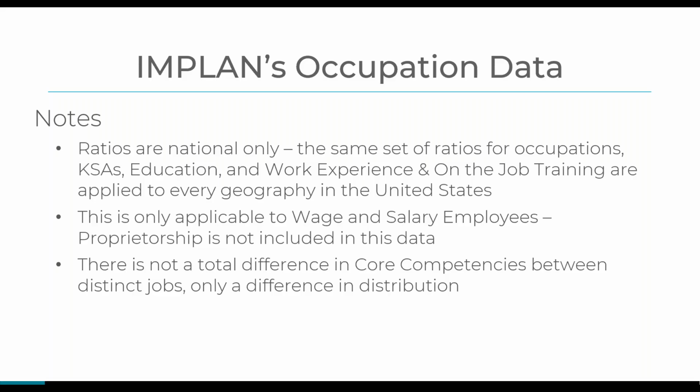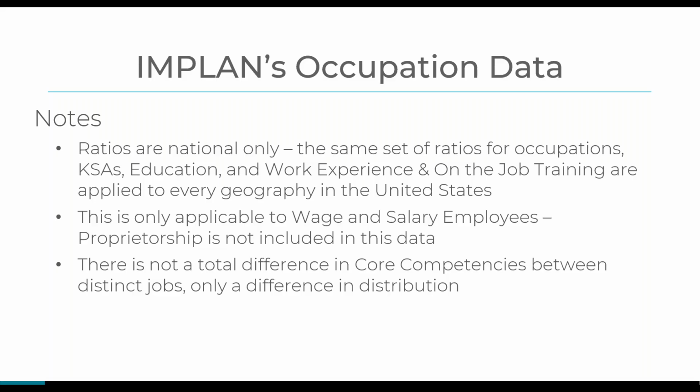Finally, it is good to keep in mind that the core competencies data does not have differences in terms of scale, only distribution. So each job can only have 100 points for each core competency, no more and no less. While an economist position might require more economics knowledge than a computer programming position, both of those occupations only have 100 points of knowledge that they can hold.